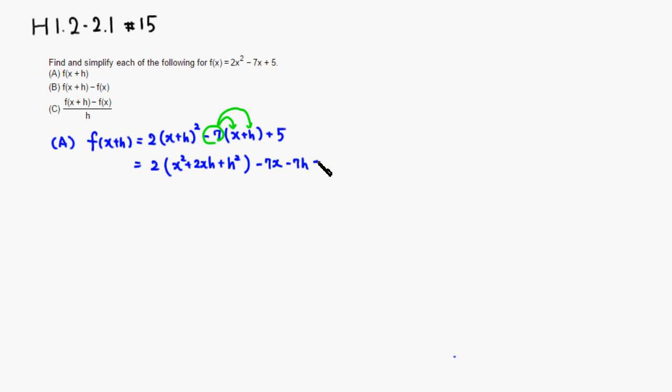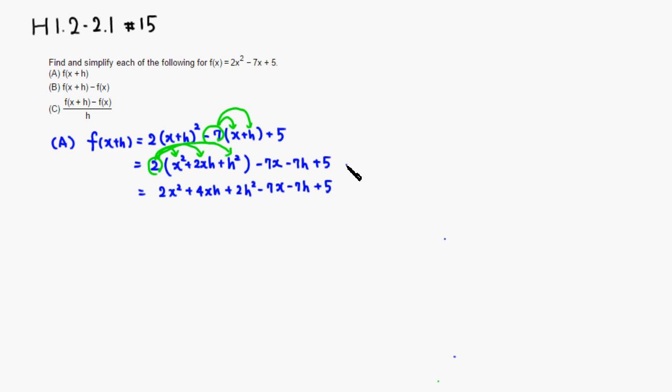Then you have minus 5. Then we distribute the 2 to x squared, we get 2x squared. We distribute 2 to 2xh, we get 4xh. Then we distribute 2 to h squared, we get 2h squared. Then we have minus 7x minus 7h minus 5.